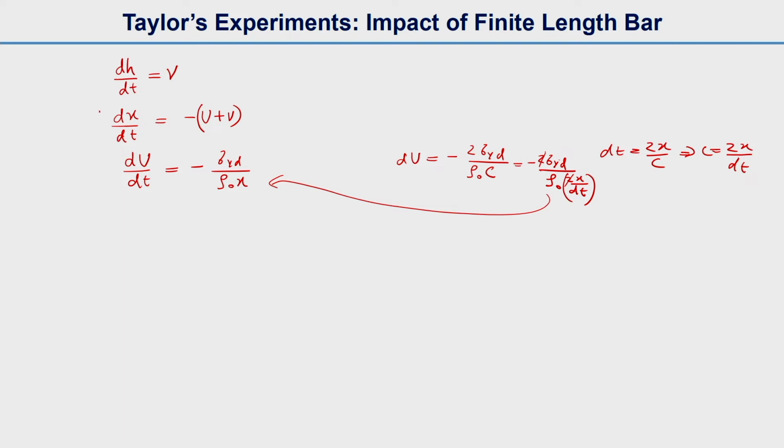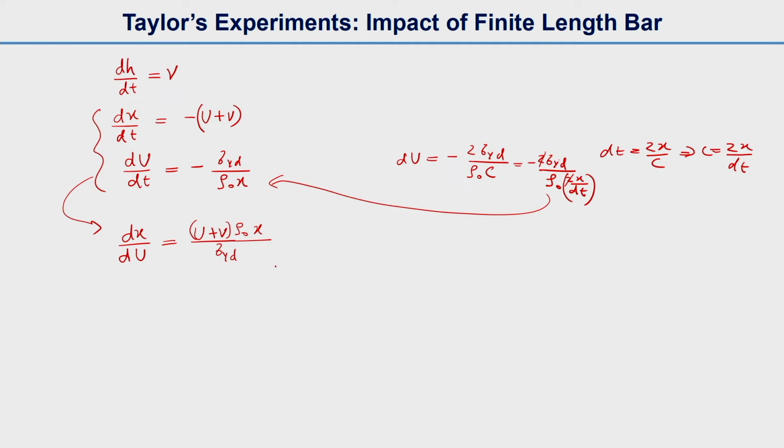So from these two relations, what we can get is dx/dU is equal to (u plus small v) rho naught x divided by sigma yd.